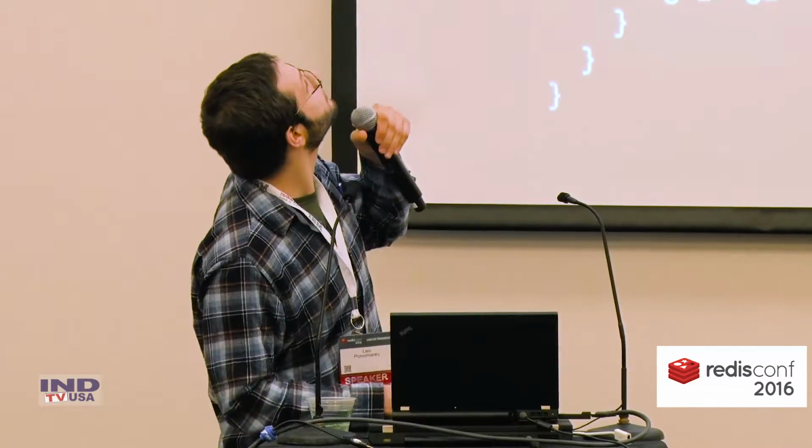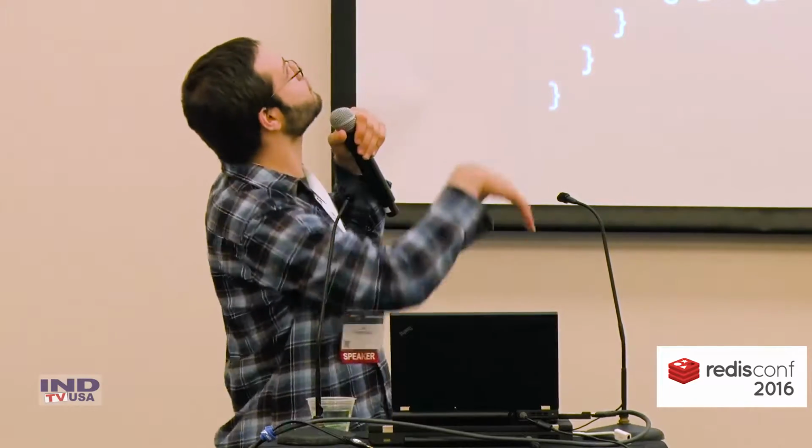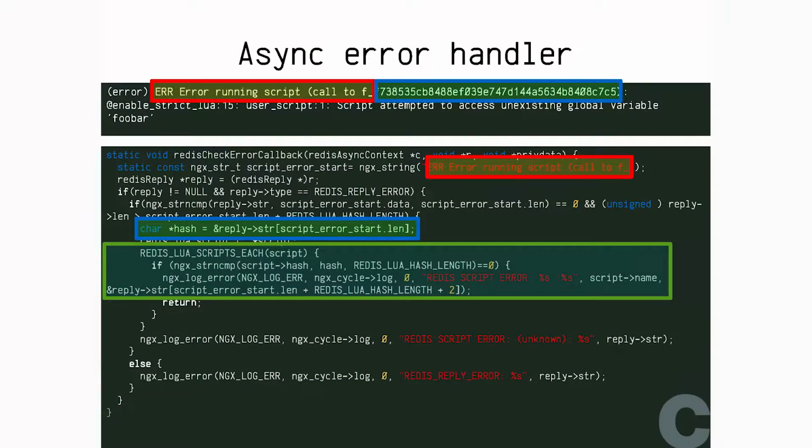So that means if that string is found, if error running script call to f underscore is there, that means we probably have a script error. So then we can extract the hash of the script from the error, run the script iterator, see which script actually made the error, and then output the error along with the script name. This is just, again, to make development a little easier.